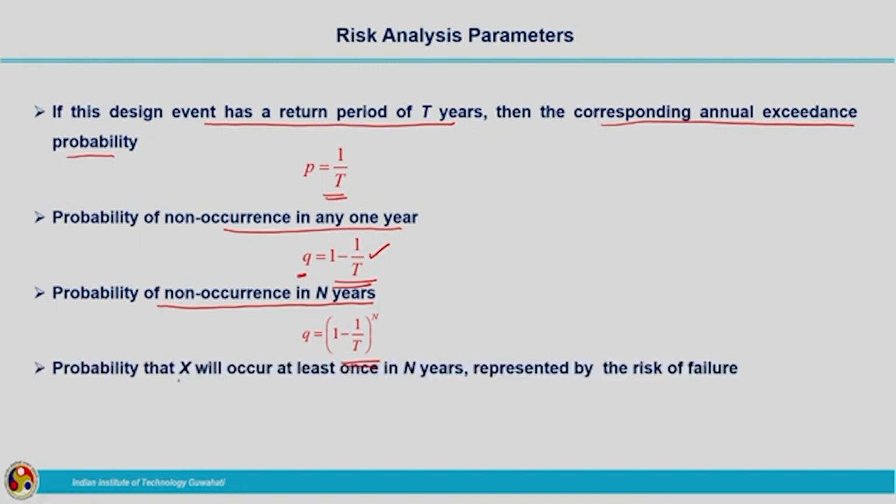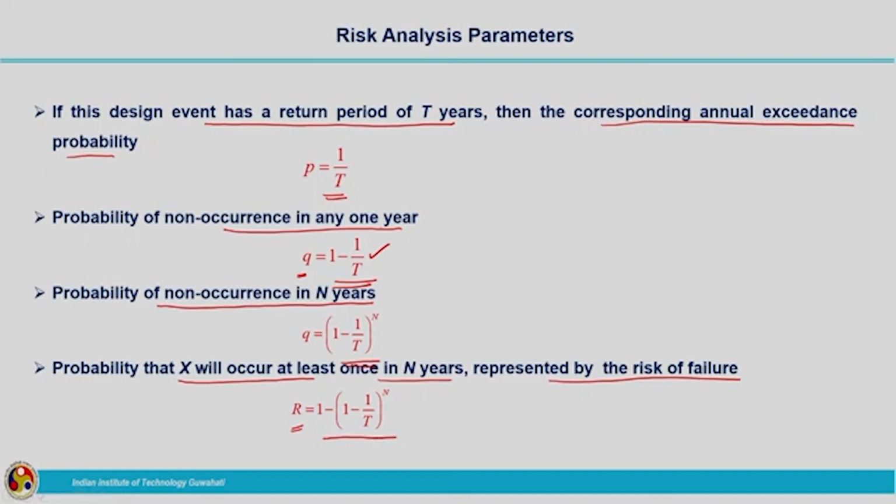Now, the probability that x will occur at least once in n years is represented by the risk of failure. So, the risk of failure of a structure is calculated by using the formula R is equal to 1 minus 1 by T to the power of n.